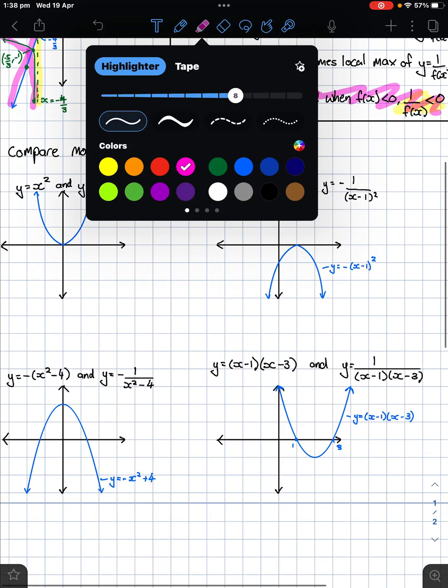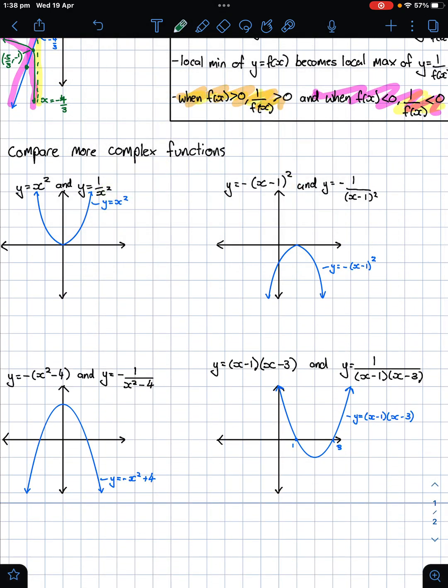So then the next bit here, we're looking at slightly more complex functions. Our first one here is x squared. So let's put x squared into our calculator. Now, I should have mentioned, I've got y1 in my graphics calculator equals x squared, and then I've got y2 equals 1 over y1. Easy way to do the reciprocal of those functions.